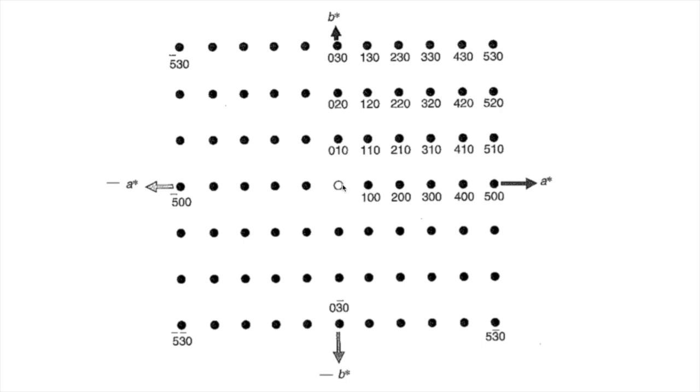So the length here tells you about spacing. So my length here is different than my length here. That's one indication we have that this isn't cubic, because if this was cubic, this length should be the same as this length, because those distances are the same in real space. So that's one indication that we can tell that this is tetragonal and not cubic.